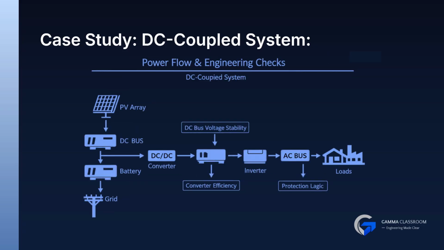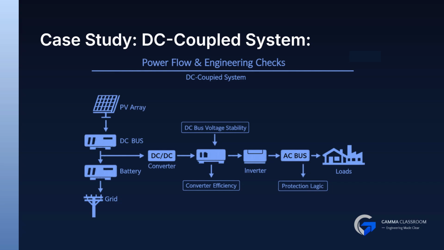In this DC coupled example, the PV array and battery share a common DC bus. The PCS manages both charging and discharging directly on the DC side. This reduces conversion losses and improves charging efficiency.